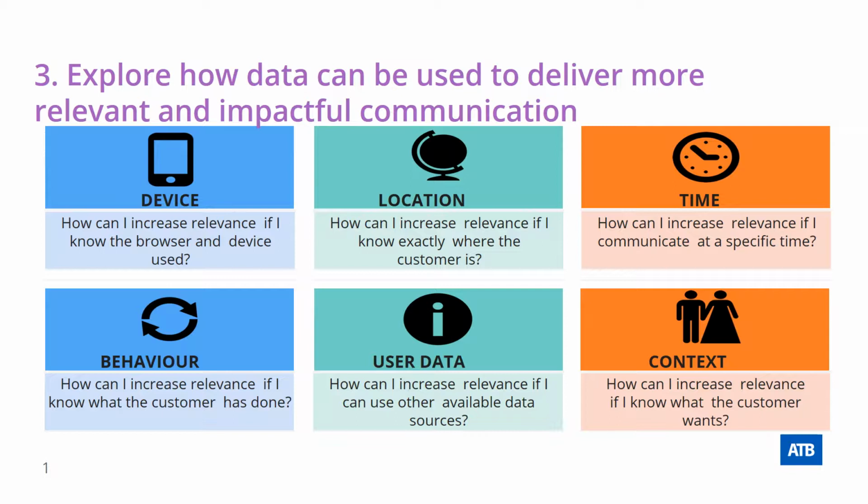And so a couple of examples that we can look at are: if I know somebody's type of device, where somebody is, their location, the time that people are going to be looking at my advertising, what behavior people may have taken that could trigger a relevant message from me, some of the data that I might already know about my existing customers or second-party platforms might have that I can use for my own advertising, and context.